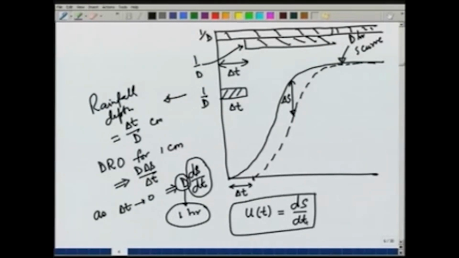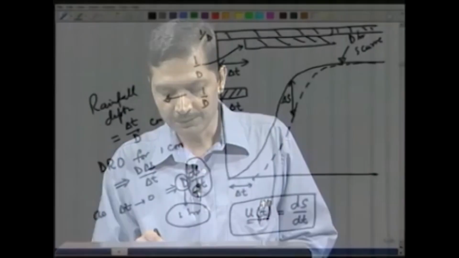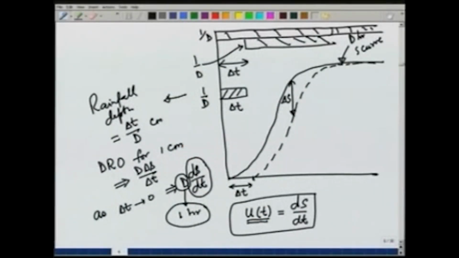So, we have a very simple method of deriving the instantaneous unit hydrograph ordinate u t by drawing an S curve which is for a duration of 1 hour rainfall.